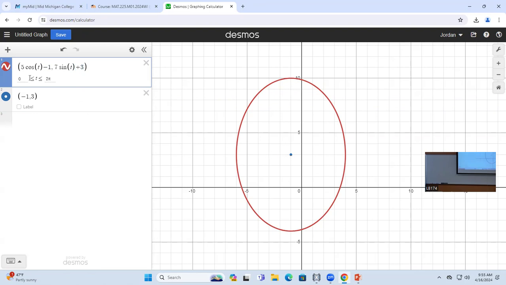The other thing, the coefficient of the cosine is 5. And if you take the center of your ellipse and you move 5 units to the right, you end up at the right-hand vertex of the ellipse.